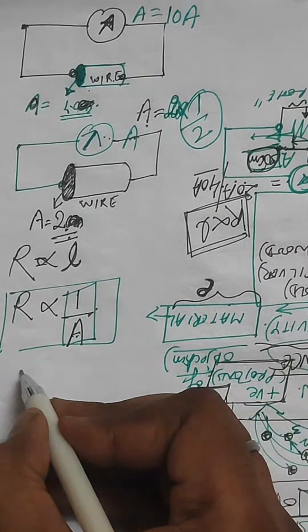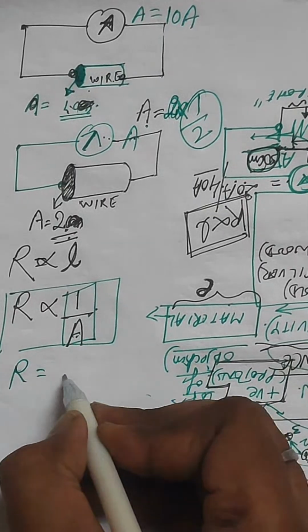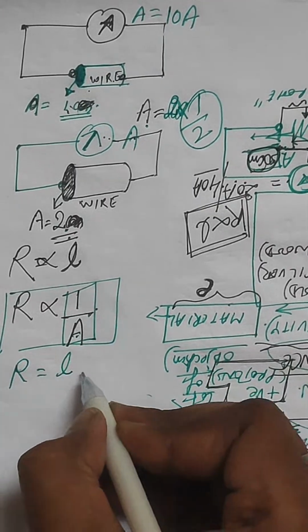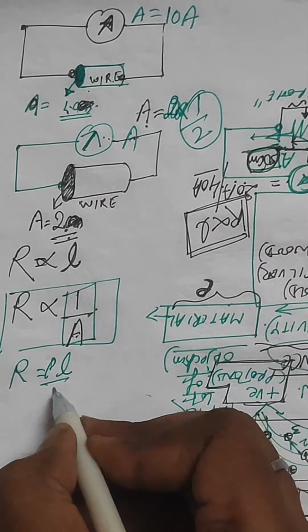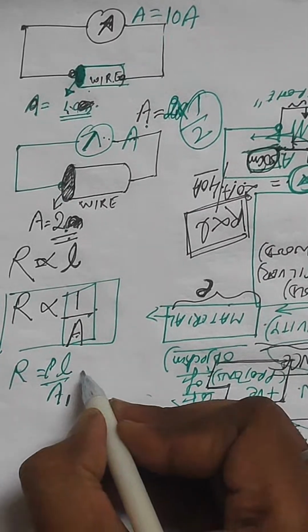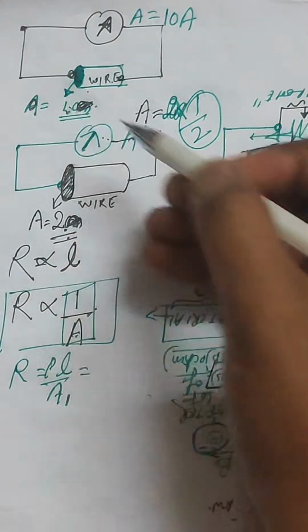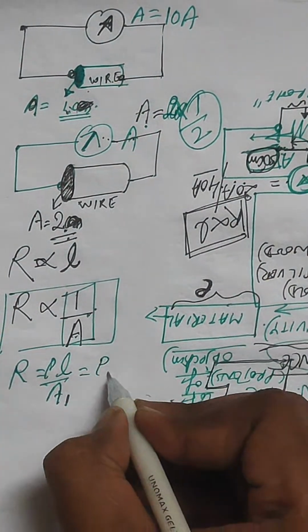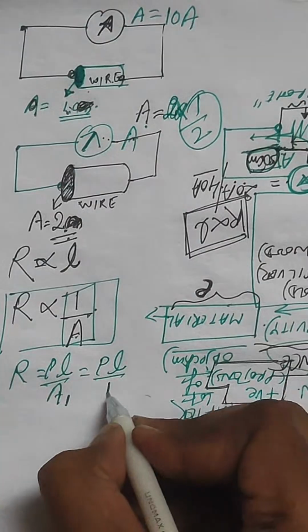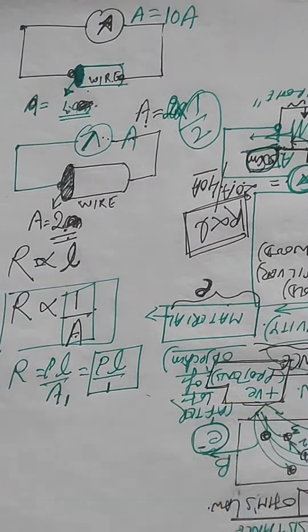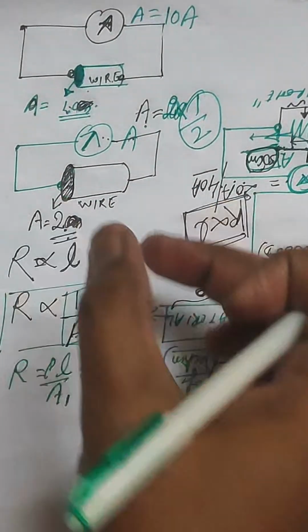Why 1 by 2? Because suppose the resistance earlier is R equal to rho L by A1, okay. So initially for A equal to 1 centimeter, the resistance was rho L by 1, that is rho L, right? We have taken the same length, right?